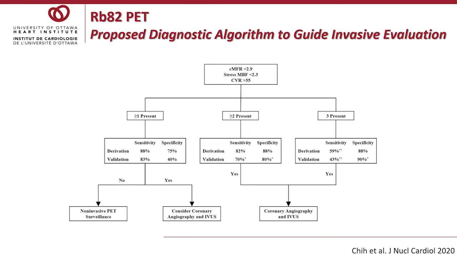When we combine analysis using these 3 parameters, we found a high sensitivity of 83 to 88% for detecting CAV when 1 or more parameters were present, and a very high specificity of 88 to 90% when all 3 parameters were present. Hence, this is a useful algorithm for potentially identifying patients that should then proceed to invasive evaluation.